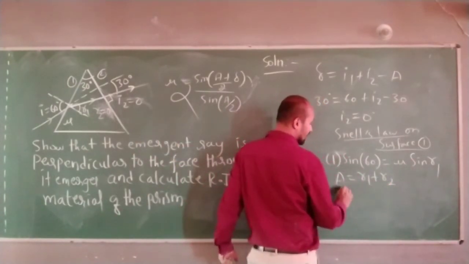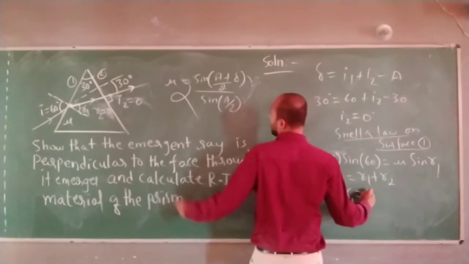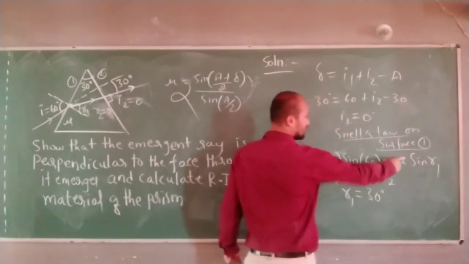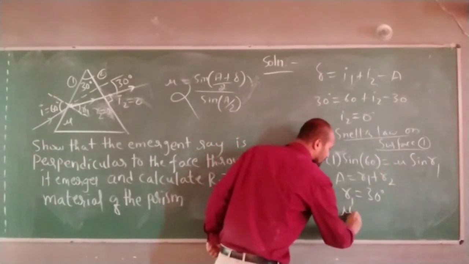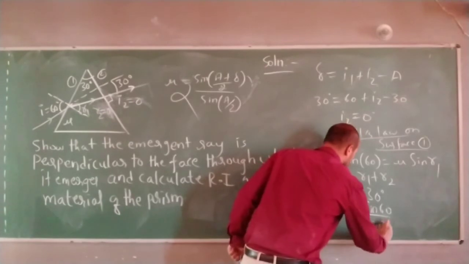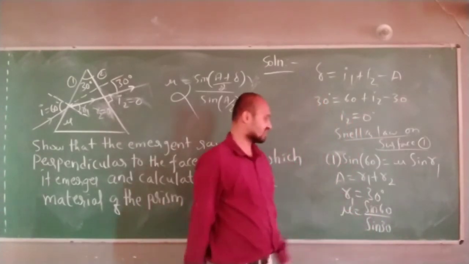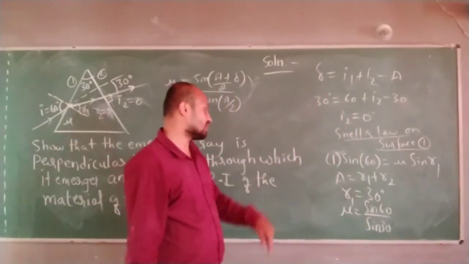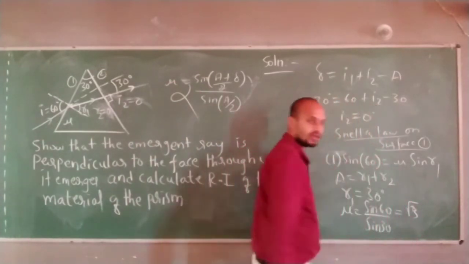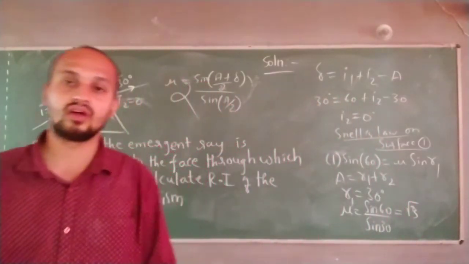R2 is 0. So R1 is equal to A. How much? R1 is equal to 30 degree. So this equation will become mu is equal to sin 60 divided by sin 30. Sin 60 is root 3 by 2. Sin 30 is 1 by 2. So this will become root 3. Refractive index of the medium is root 3.